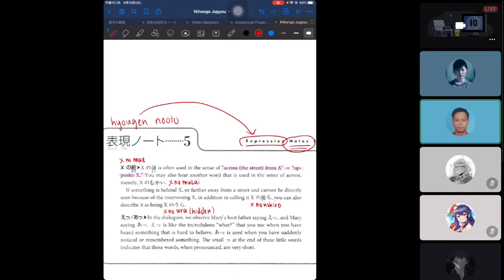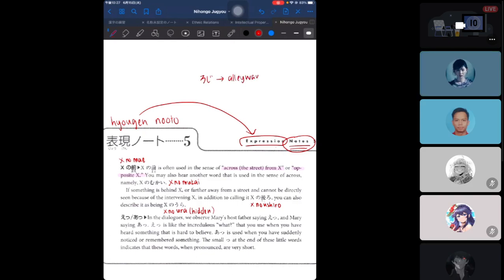Alleyway. 路地 itself is already alleyway, so ura-roji is like a back alleyway, hidden alleyway. That's probably the basis of the usage of ura. And roji itself is alleyway.